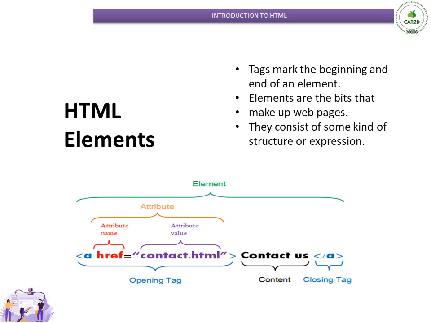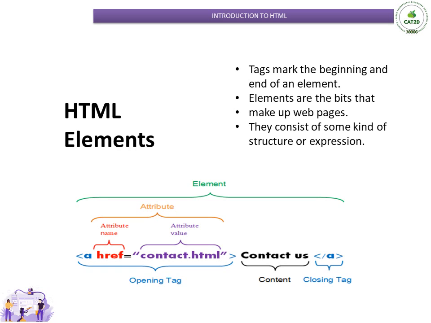So now in general, the basics of HTML includes having the attribute names, the attribute values, the opening tag, the content, and the closing tag, all together are referred to as the element. So tags mark the beginning and the end of an element.